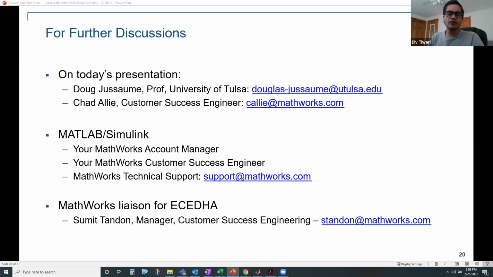I think you make a very important point here, Sumit. What we've noticed working with instructors on virtual labs or remote labs is that the specific needs you're trying to address, the learning objectives that a hardware lab fulfilled that you're trying to replace, are very relevant in answering some of these questions.